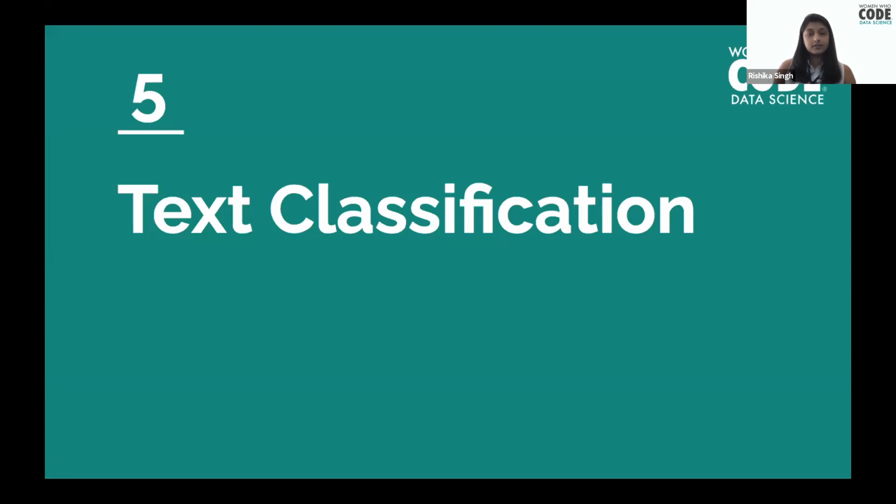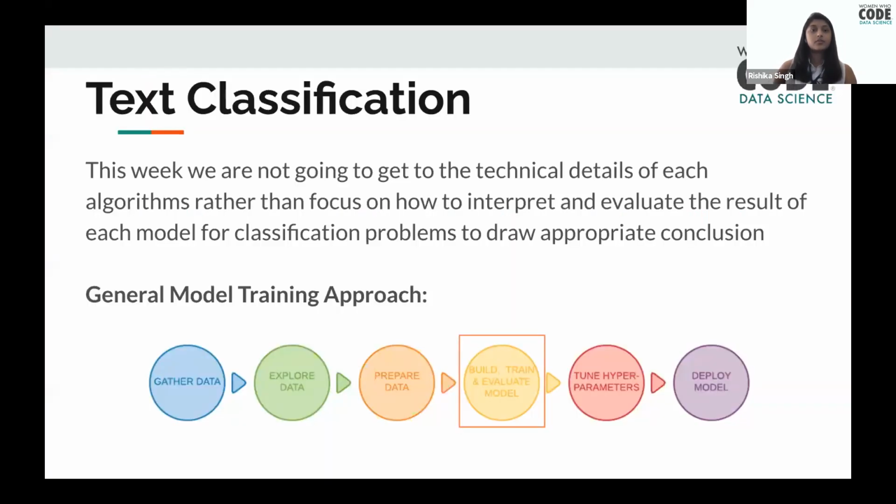So text classification. To start out, this week we're not going to get to the technical details of each algorithm, but rather focus on how to interpret and evaluate the result of each model for classification problems and how we can use this to draw the appropriate conclusion. In the general model training approach, we gather the data, then we explore the data, then we prepare the data, and what we're going to be focusing on today is building, training, and evaluating the model.